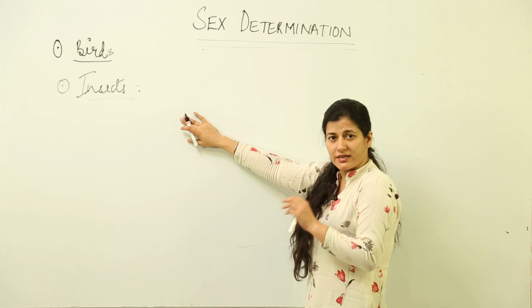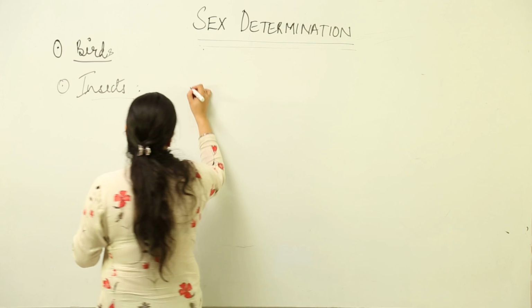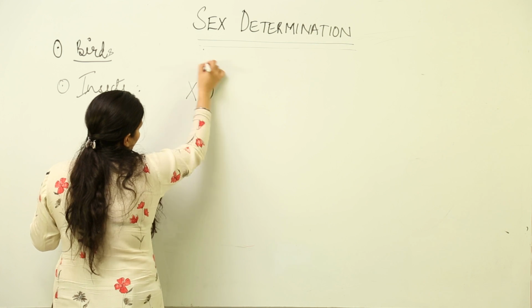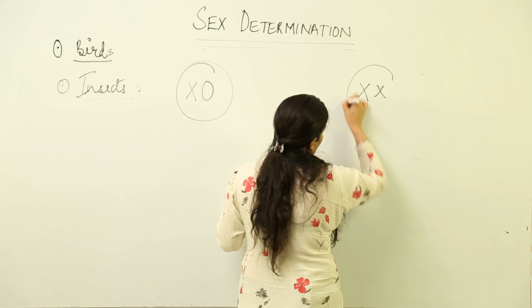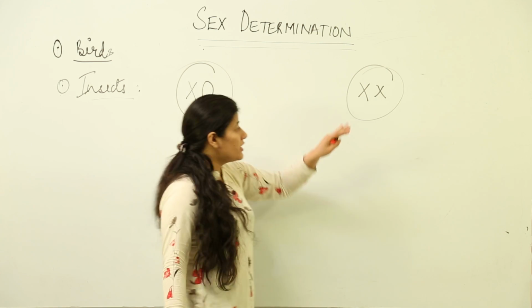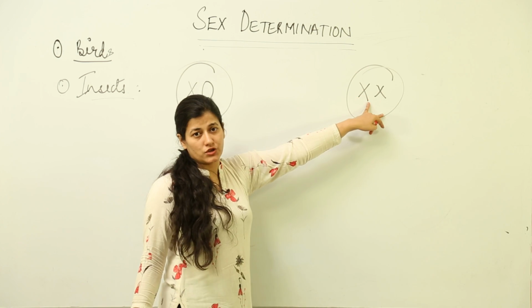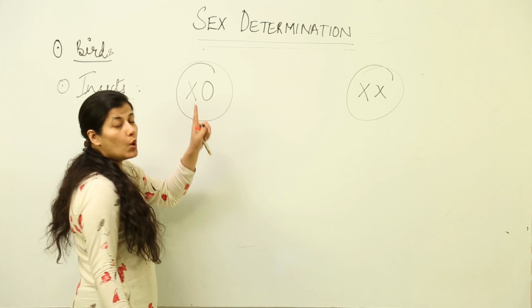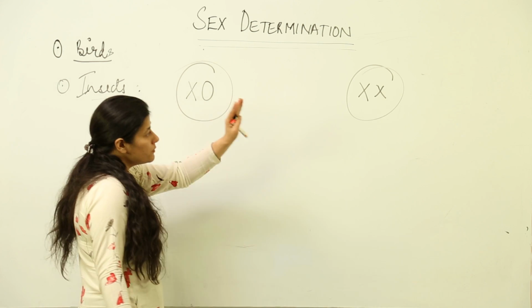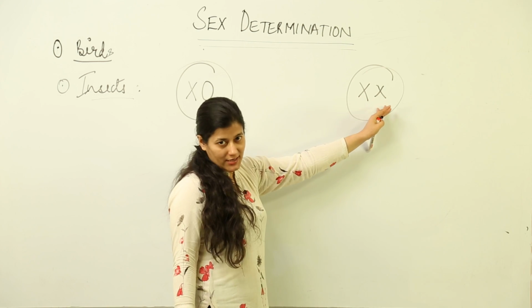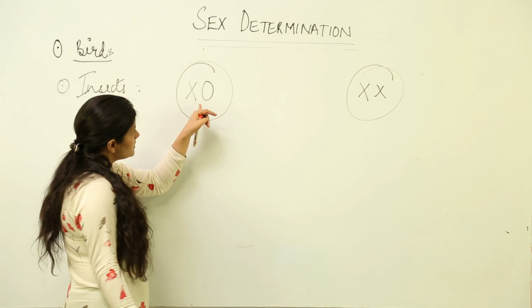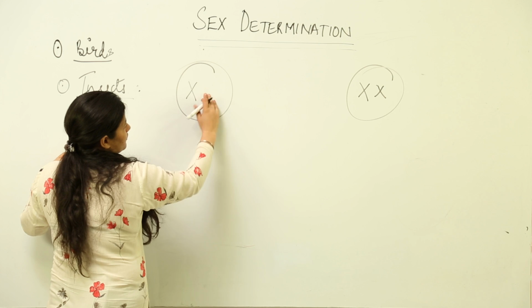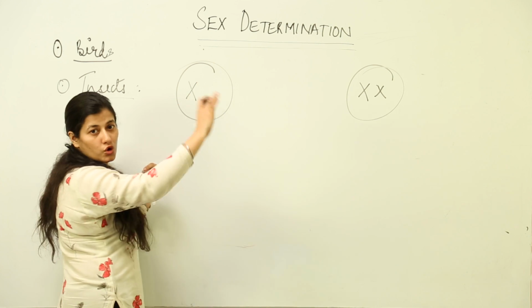In the case of these insects, the scenario is such that the male is XO while the female is XX. This you have to remember. The female has two X chromosomes, but the male has only one X chromosome. So the more the number of X, the more the female character would show up. Here the O means empty, there is no chromosome.